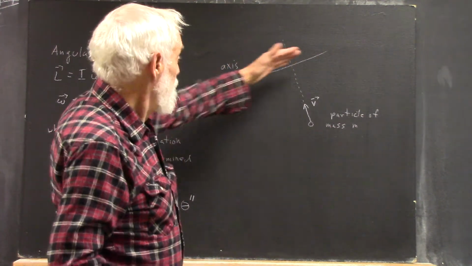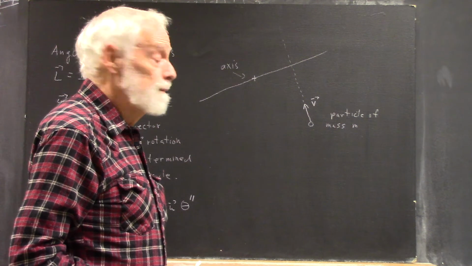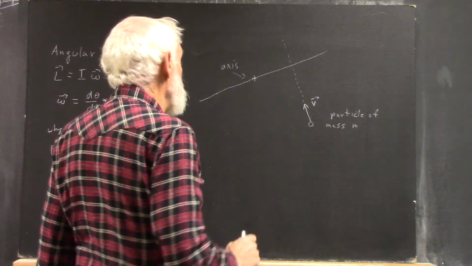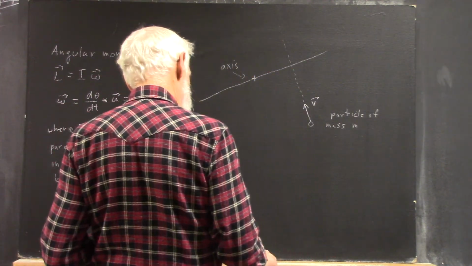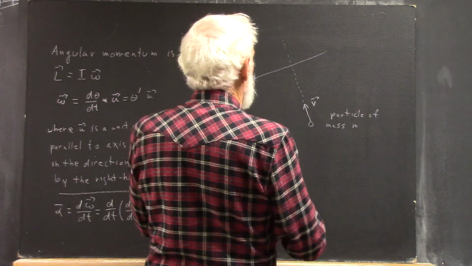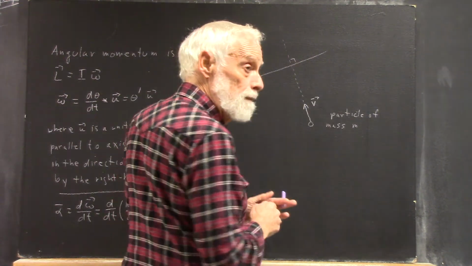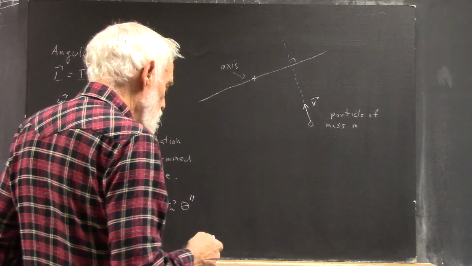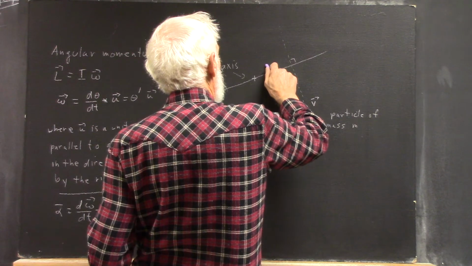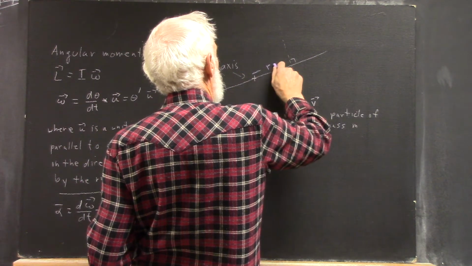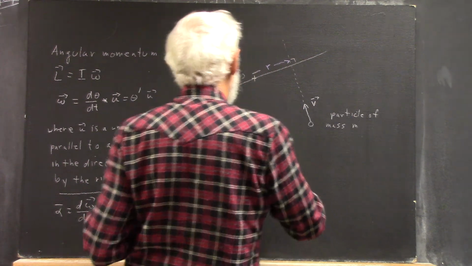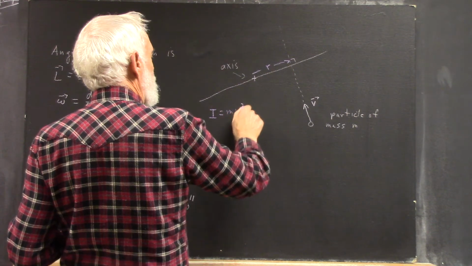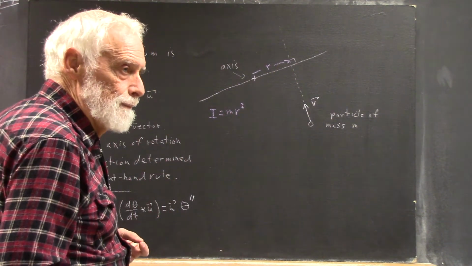Okay, imagine a beam in this direction, headed in this direction such that this angle is 90 degrees, a right angle. Then we can say that this is the R for which the moment of inertia is mr squared. Okay?